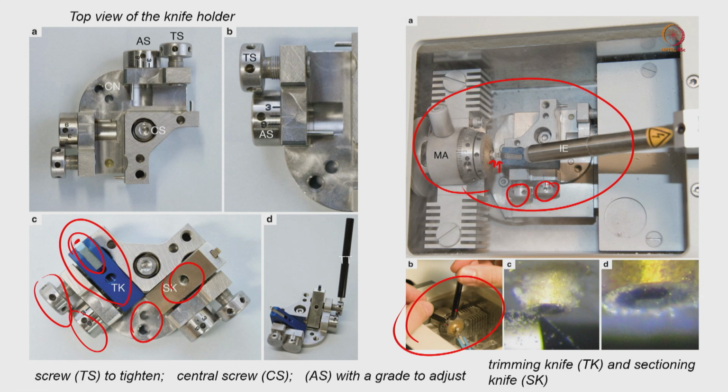Here you can see that we are adjusting the knife properly, and using those screws we are tightening the sample and changing the position. So, this is the knife tip, and this is the sample. We can place them properly so it can do the section of the tissue properly.